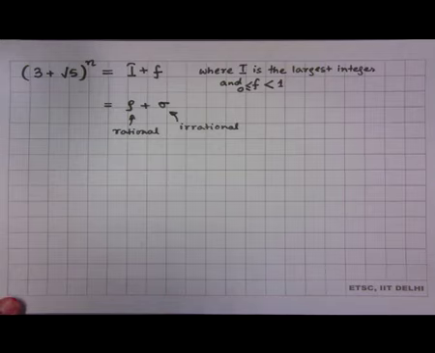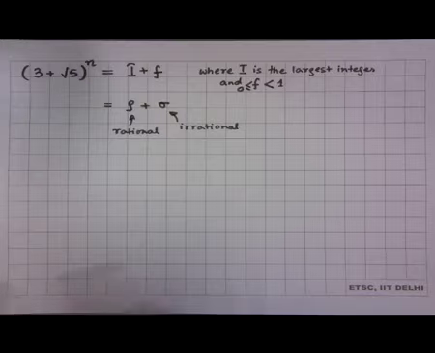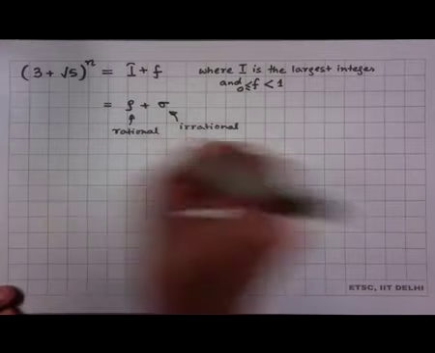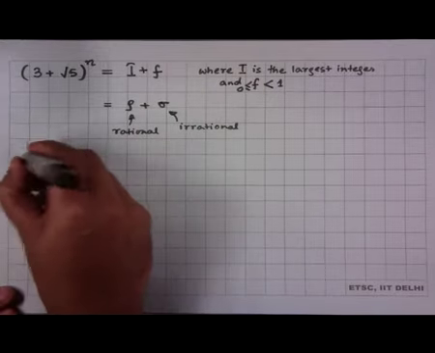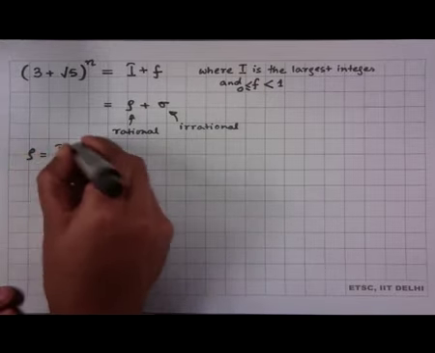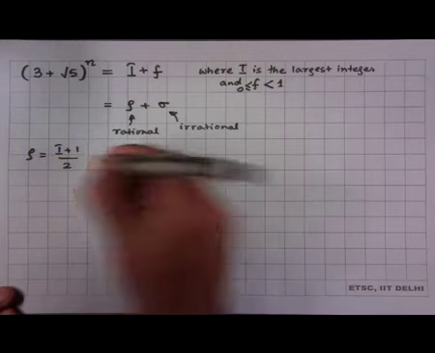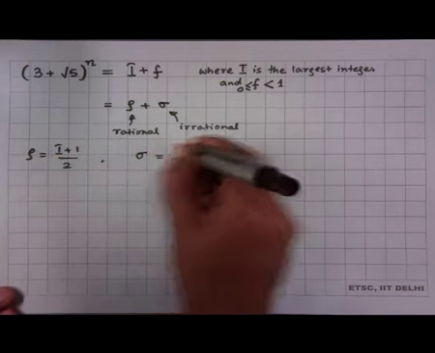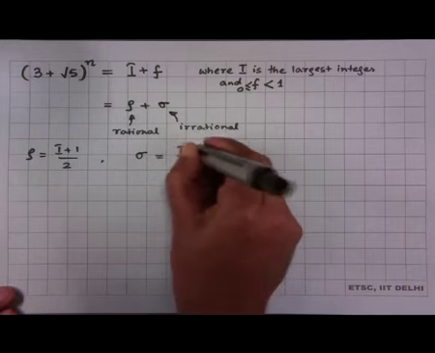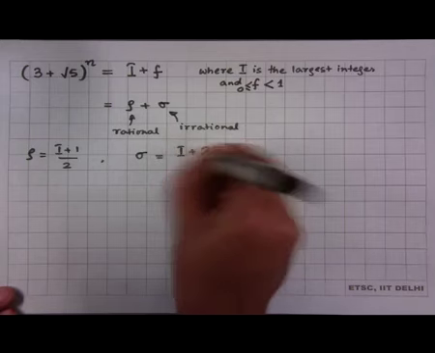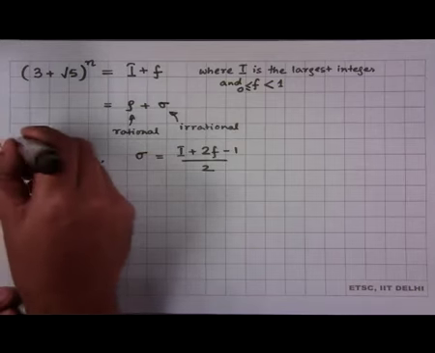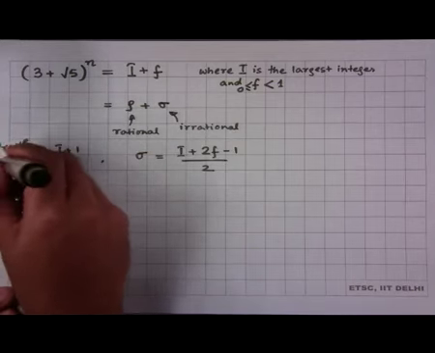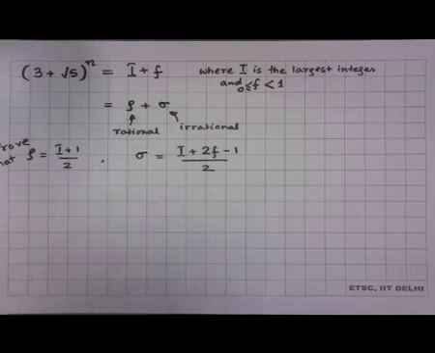He wants you to show that rho is equal to I plus 1 by 2 and sigma is equal to I plus 2f minus 1 by 2. Okay. So, this is the problem statement.